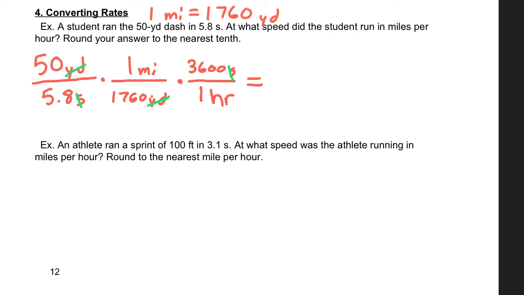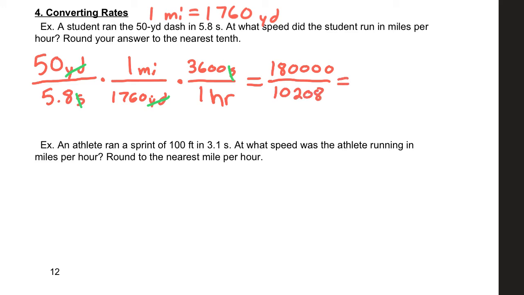So to finish this out, I'm going to multiply all the top numbers by each other. 50 times 1 times 3,600, which is 180,000. 180,000 divided by 5.8 times 1,760 times 1, which is 10,208.